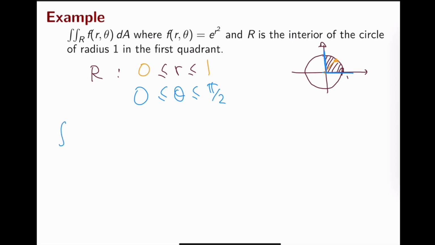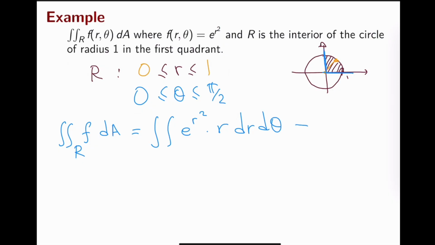And so the double integral over this region of the function e^(r^2) dA is going to be equal to the double integral, and remember that here we need to put the function e^(r^2) times r dr d theta.